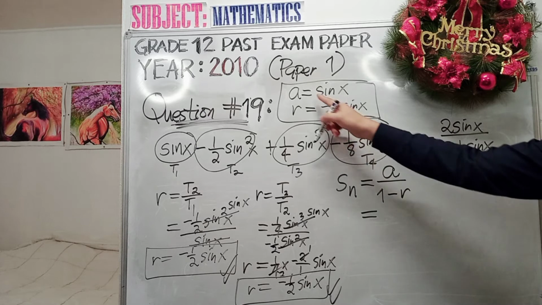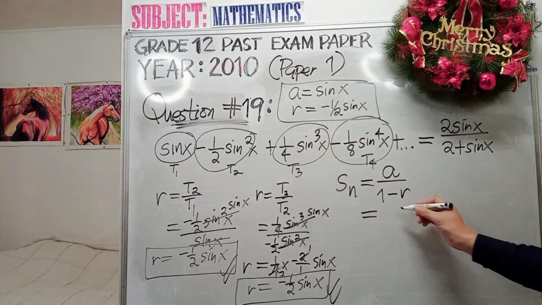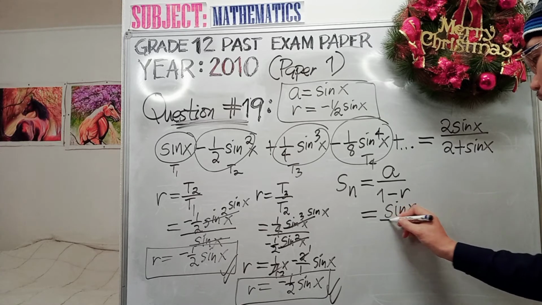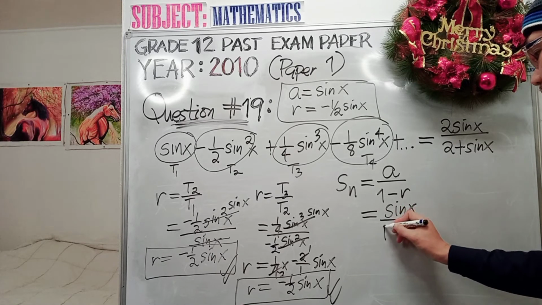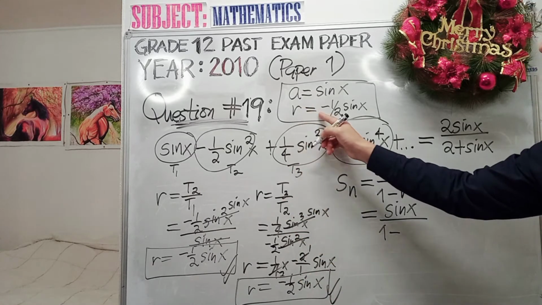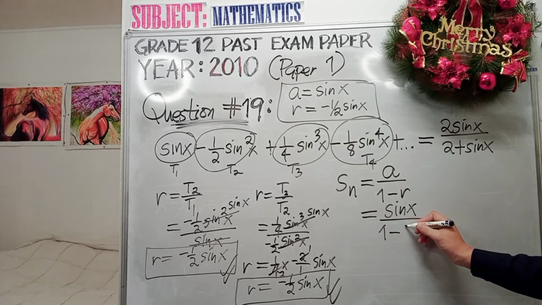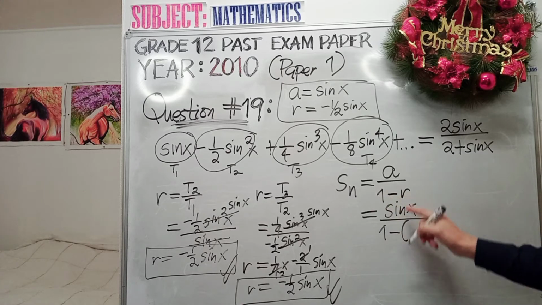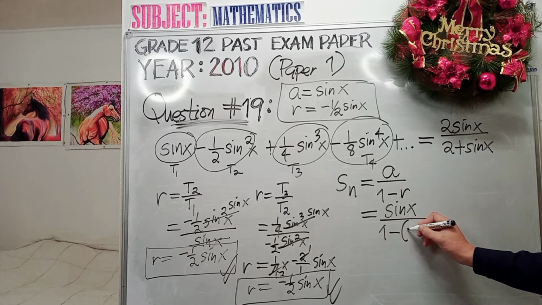Our first term from here is sine x. So substitute that one: sine x all over 1 minus our common ratio, r, which is negative 1/2 sine x. Remember the formula is 1 minus r.